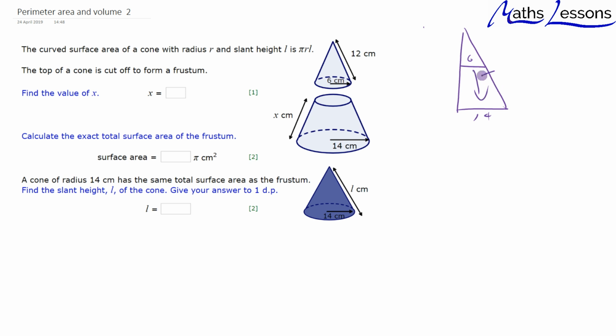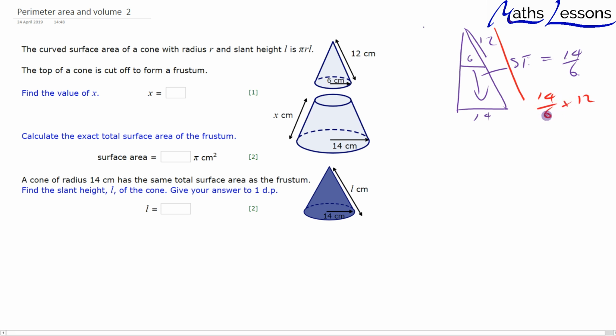So we can find the scale factor, which is just equal to 14 over 6. If this length is 12, then the whole length here is going to be 14 over 6 times 12. 12 divided by 6 is 2, so 2 times 14 is 28. So therefore x will equal 28 minus 12, which equals 16.